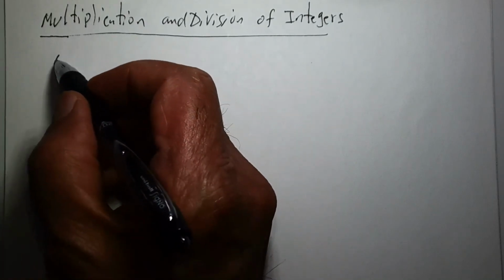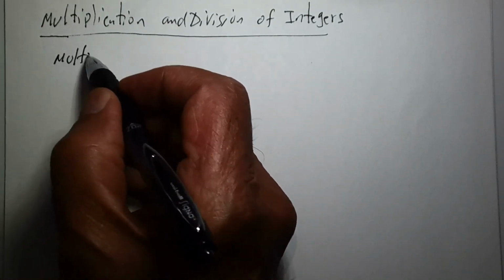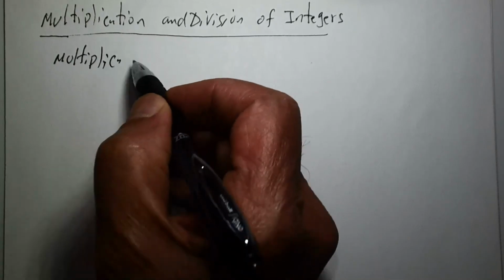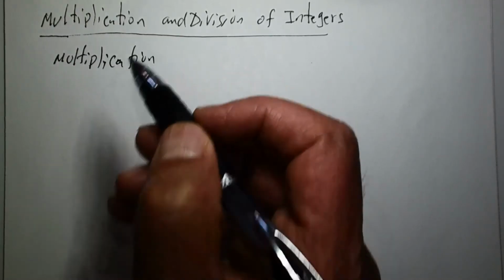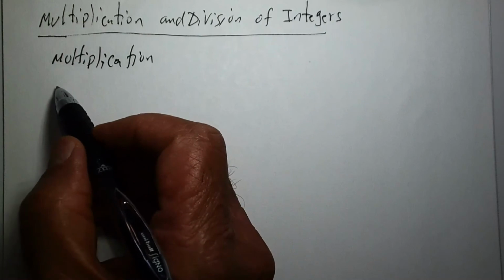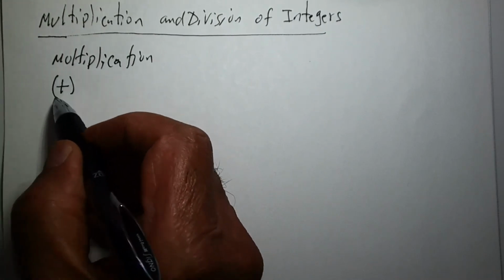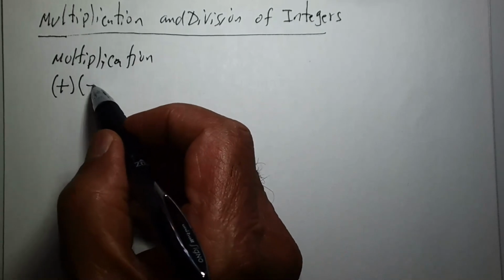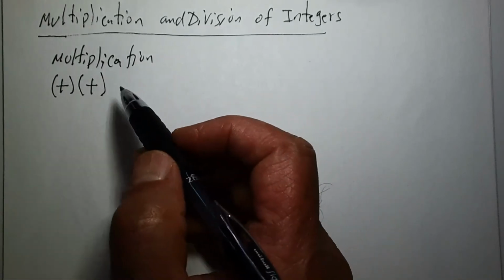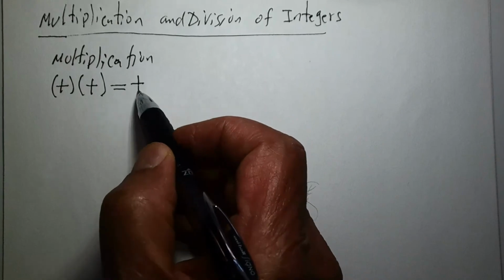In multiplication, when we multiply two numbers, positive times a positive, it's positive.